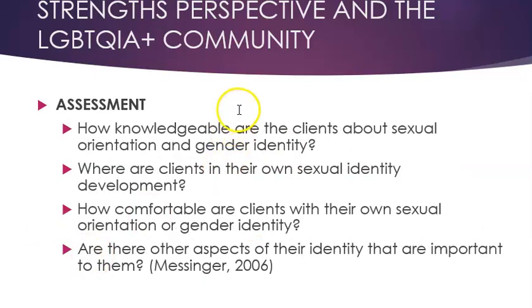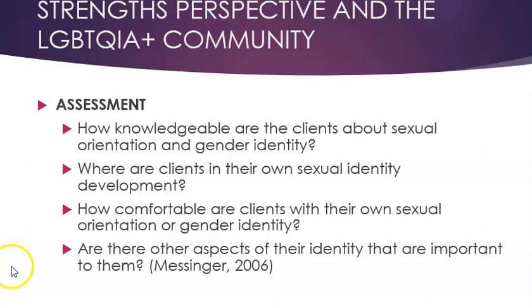The second, after building rapport, is assessment. How knowledgeable are the clients about sexual orientation and gender identity? Where are clients in their own sexual identity development? How comfortable are clients with their own sexual orientation or gender identity?